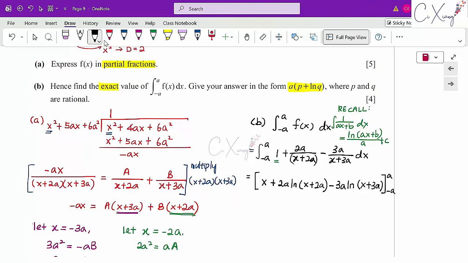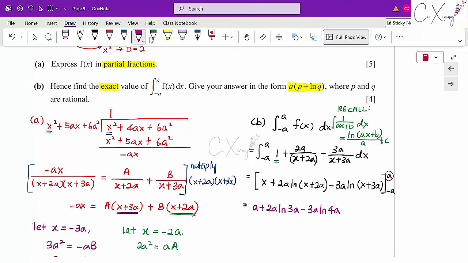After you complete your integration, just substitute your values inside. Substitute the a first. If I substitute a into the x, I will have a plus 2a, then ln of a plus 2a, which is 3a. Then minus 3a ln of x plus 3a, where a plus 3a is 4a.